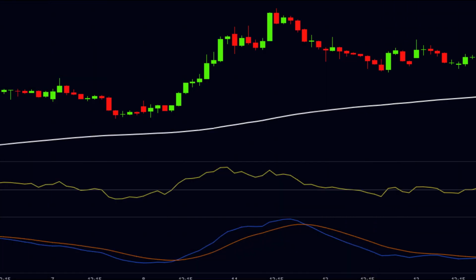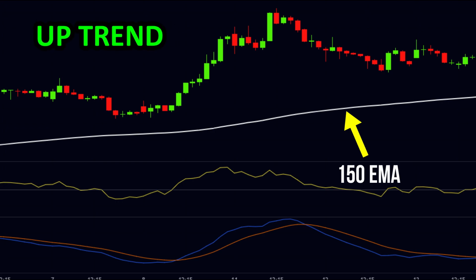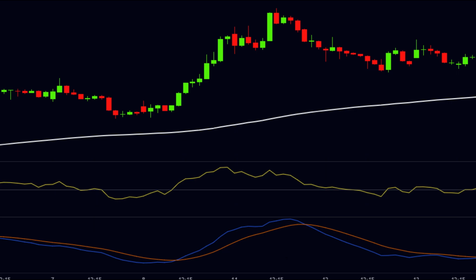Let us understand with an example. Here we have the chart of a stock. As you can see here, the price is above the 150 EMA line, so the stock is in the uptrend. Now find the position of the RSI. Here the RSI is above the 50 level. Now just wait for the bullish crossover.